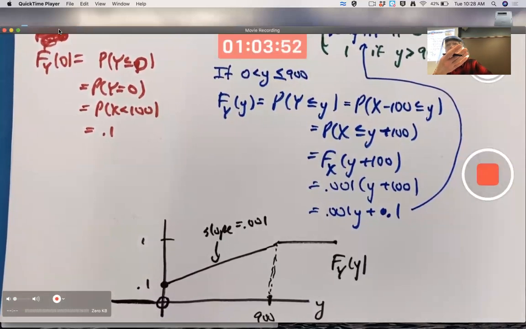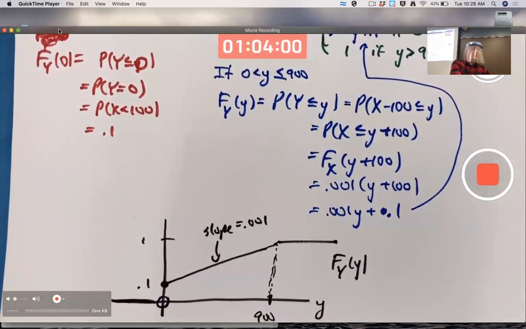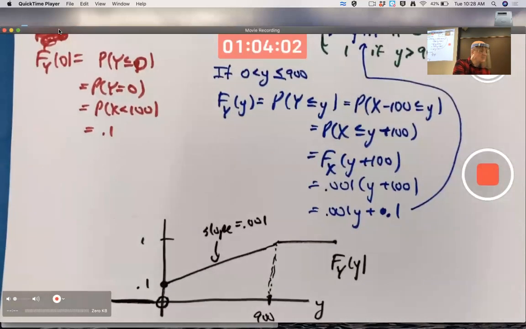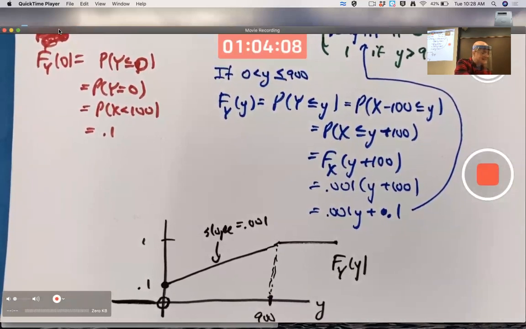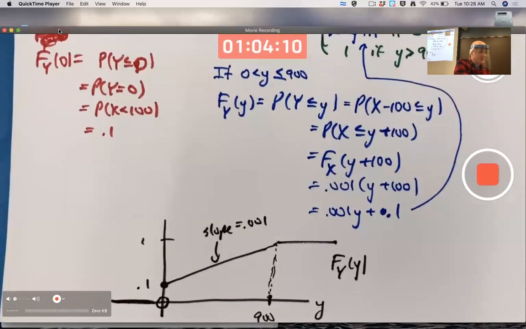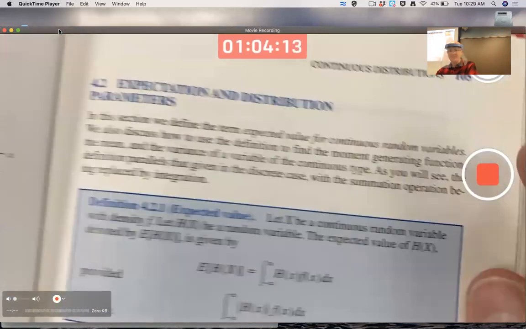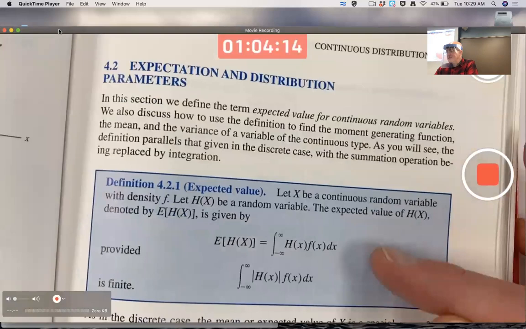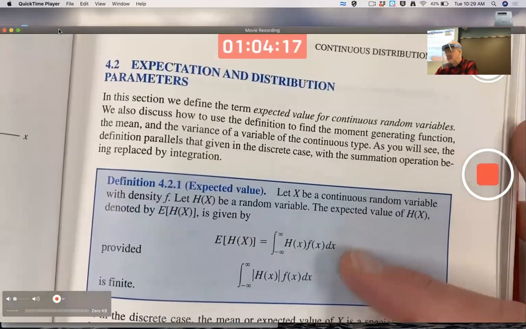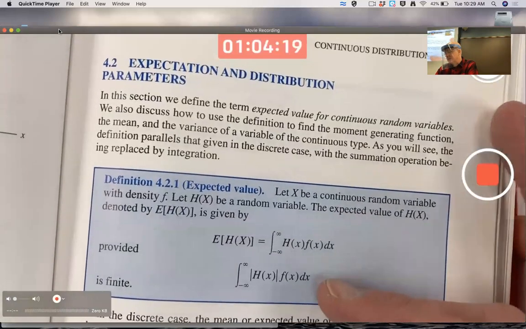Well, turns out we don't have to worry about the PDF still, because of the general formula for expectation that I showed you 15 minutes ago. I'll show you again. General expectation formula, this one right here, works no matter what h of x is, as long as the conditions hold, this integral is finite.